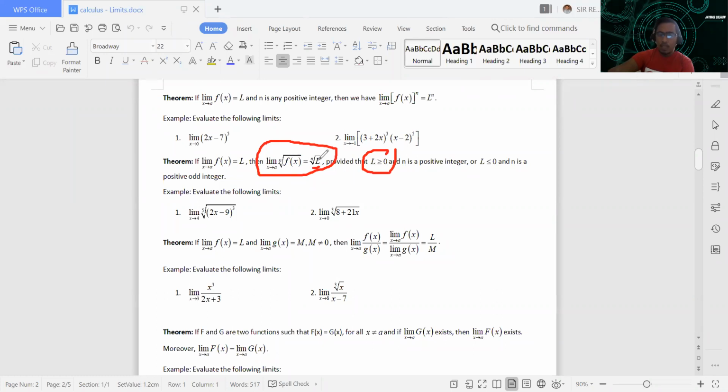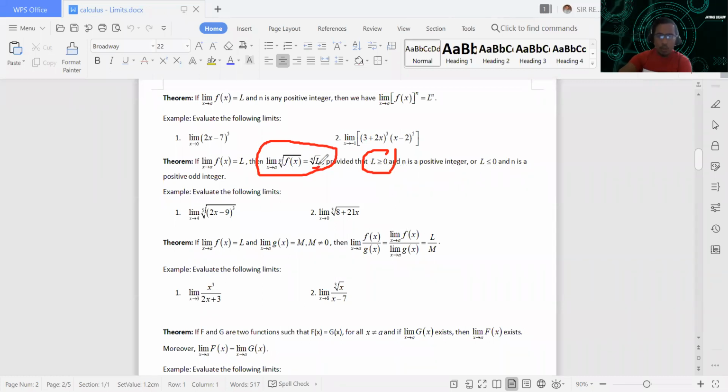Because if this L is negative, the square root of a negative number is undefined in the real number system, but it is possible in complex numbers. Let us assume that it is only for the real number system.